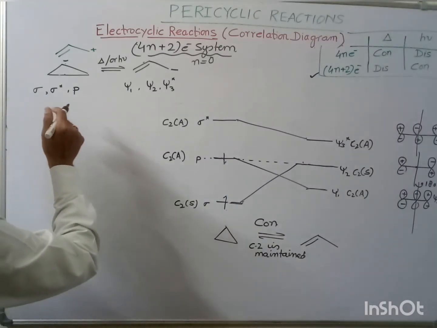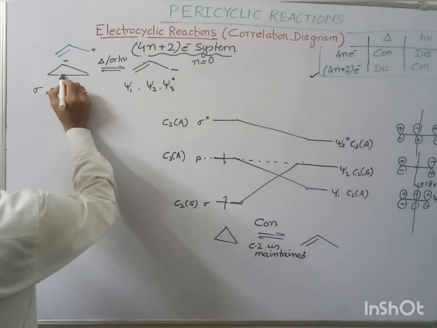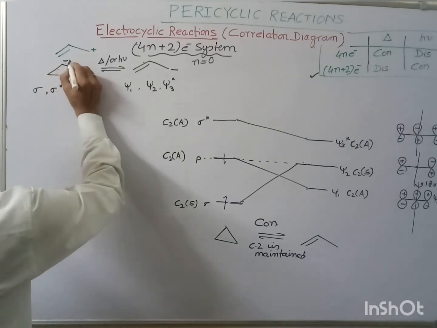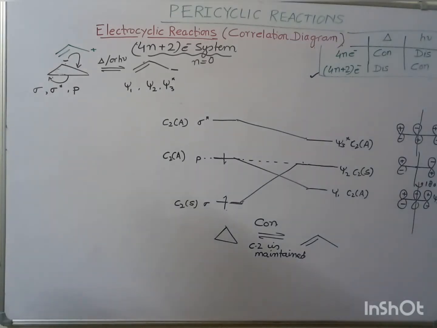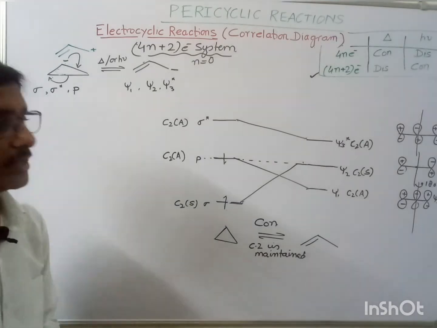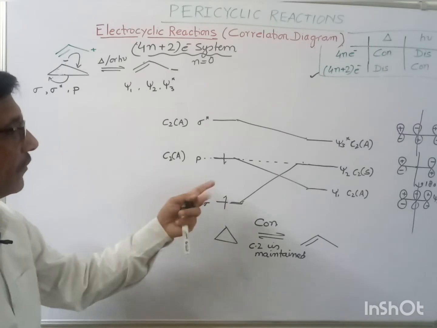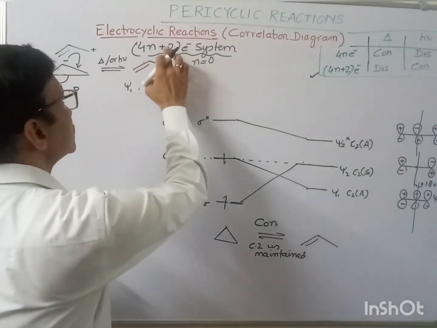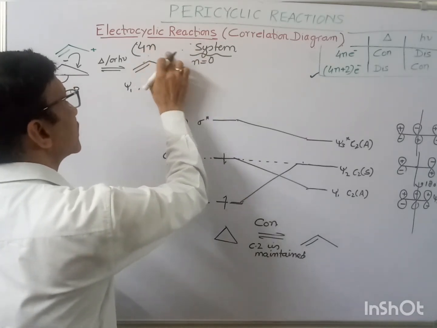Here the number of electrons involved is 4, and we can see this would now be a 4n electron system.